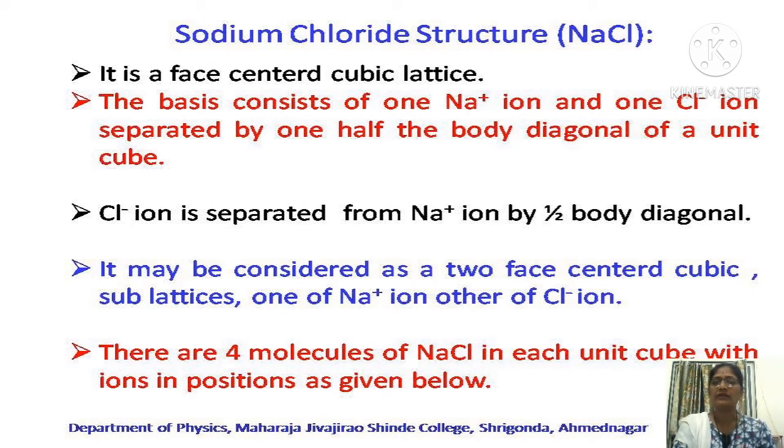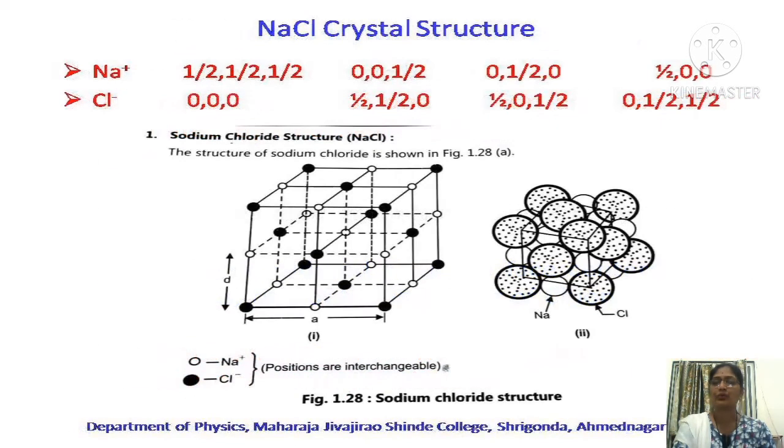Therefore, it may be considered as two face-centered cubic lattices, where the sub-lattices consist of one of Na plus ions and the other of chlorine ions. The unit cell of the sodium chloride structure consists of 4 molecules of NaCl in each unit cube, with ions in positions as shown below.